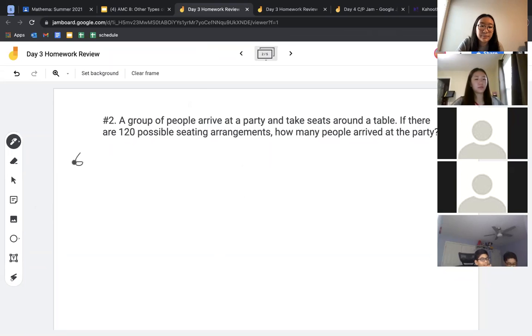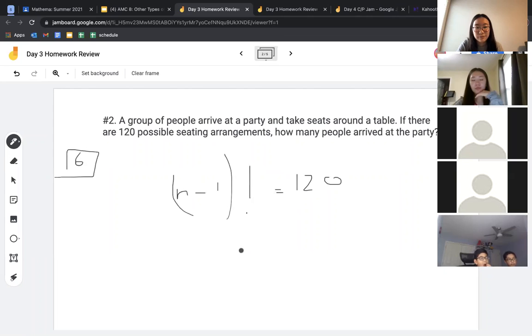The answer here would be 6, because with the table one, remember we have to divide by the number of rotations. And then the formula was n minus 1 factorial equals 120. And then basically, you know that 5 factorial equals 120. So n minus 1 equals 5, and then n equals 6. Because if you do 6 factorial and then divide by 6, that's the same thing as 5 factorial.